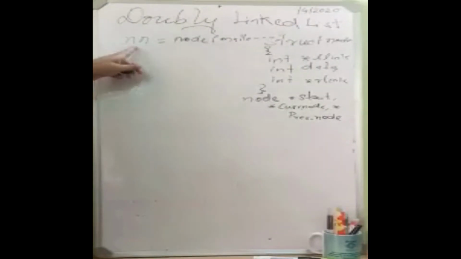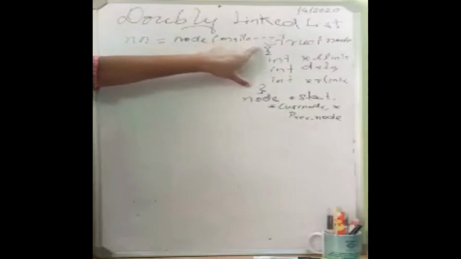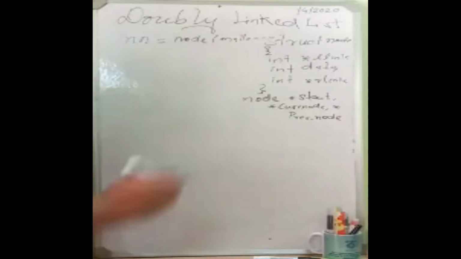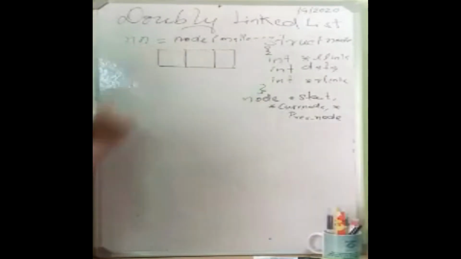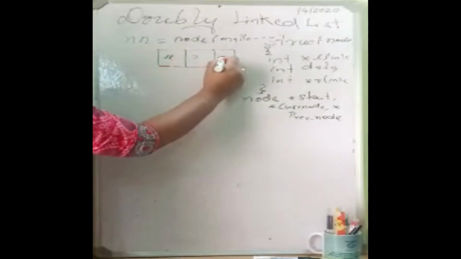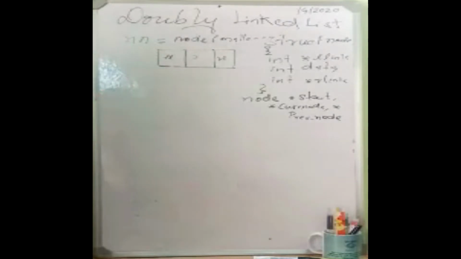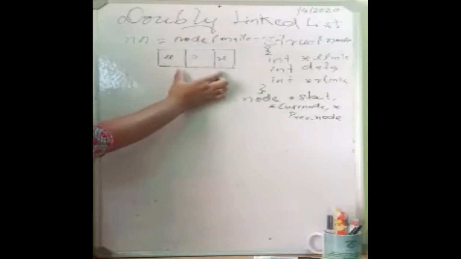In the name of new node, I'm going to create a new node with this structure, right? So the new node will have fields like this: this is for data, this is for left link, this is for right link, right? So by using malloc, I have created a node with this structure.